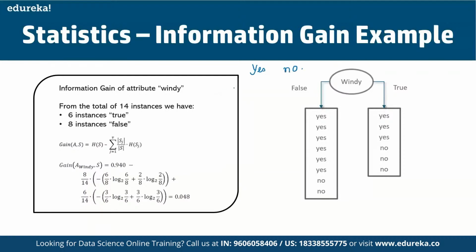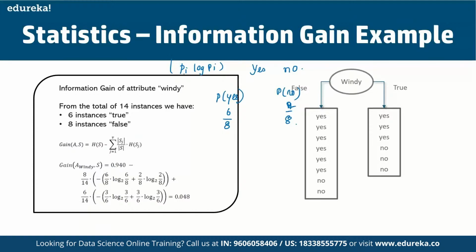So we need to find out the probability of yes. What is probability of yes? It is going to be 6 by 8. What is probability of no? It is 2 by 8. So we are going to apply this onto our formula. Remember that formula where I said pi log pi? That is the formula. You're going to apply it for the yes separately and the no separately.